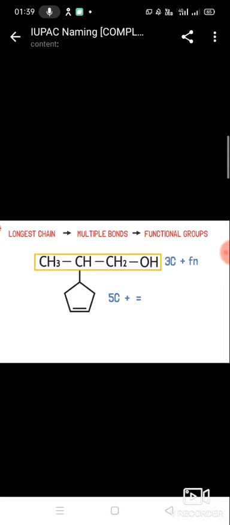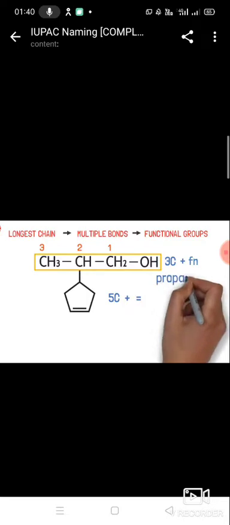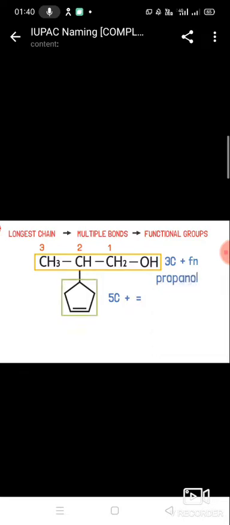So a 3 carbon straight line, in that the OH functional group is attached. So the longest chain is 3 carbon atoms. In this, the first carbon has OH present, the second carbon has the substituent. So propanol is the main one.